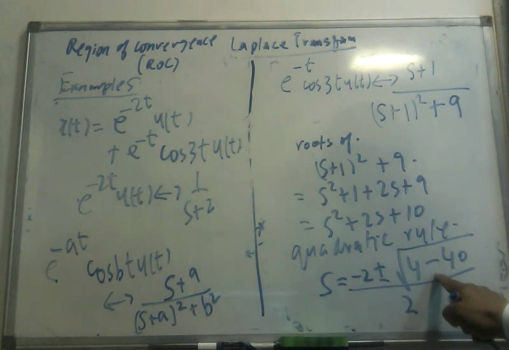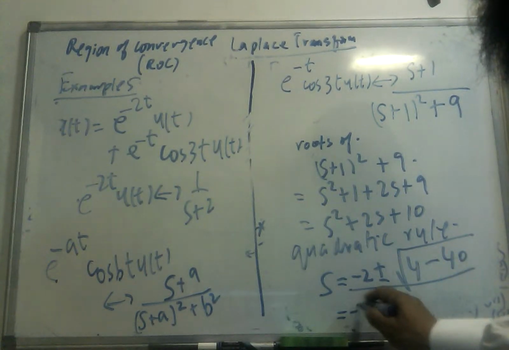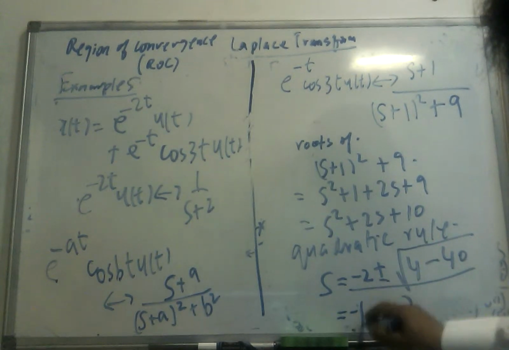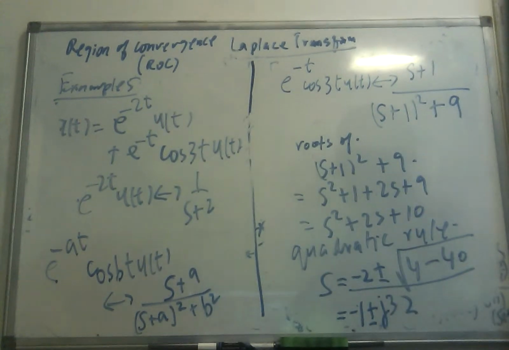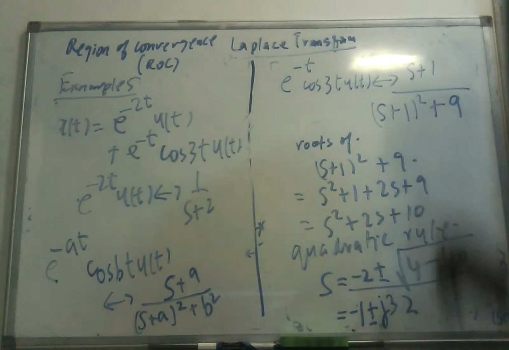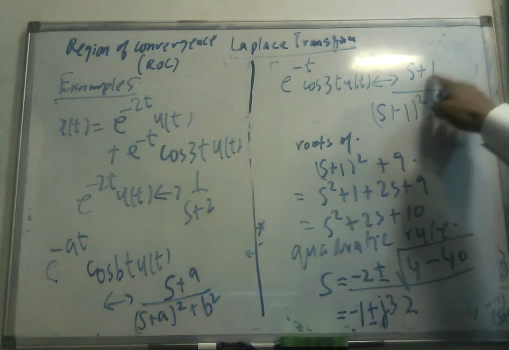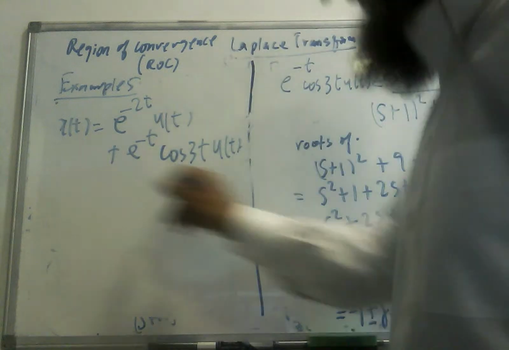This is minus 36, so this will be 6j. This is an imaginary number. So the roots will be minus 2, and 2 divided by 2 is 1, so minus 1 plus or minus j3. So these are the roots. So I have 2 roots here and 1 zero. The zero is at s equal to minus 1. So I can draw the region of convergence here.